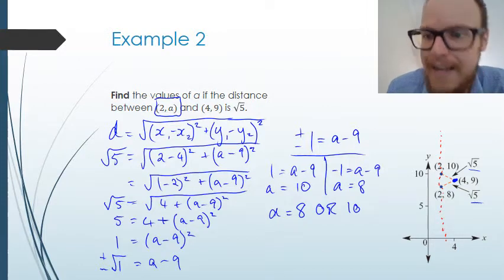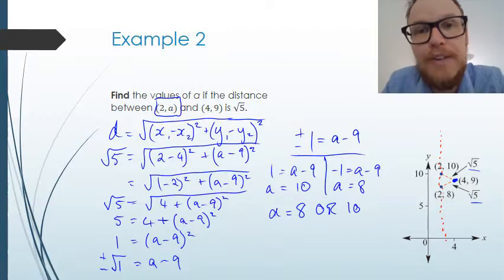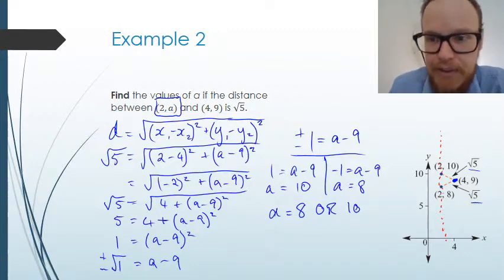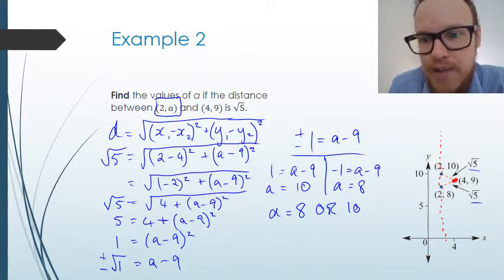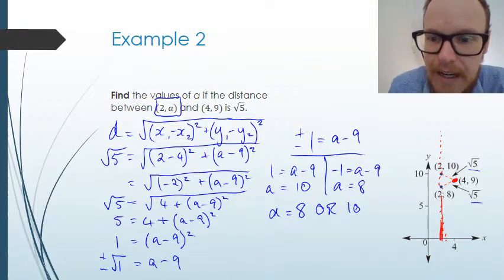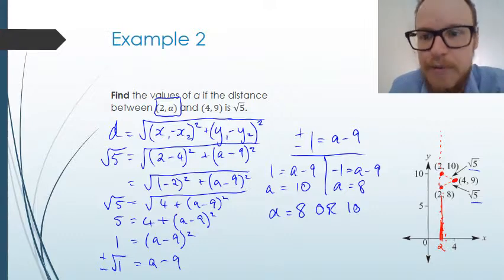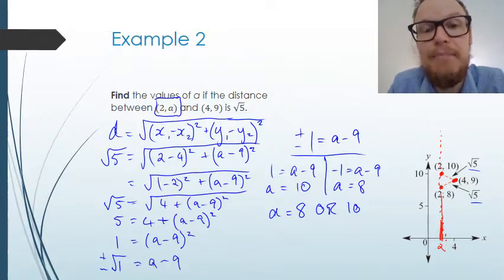So if I had a piece of rope that was root 5 meters in length, I started it at this point here at (4, 9) and then I stretched it out so that it could hit the x equals 2 mark here on the graph, there would be two points where it would hit. It would hit above and it would hit below.